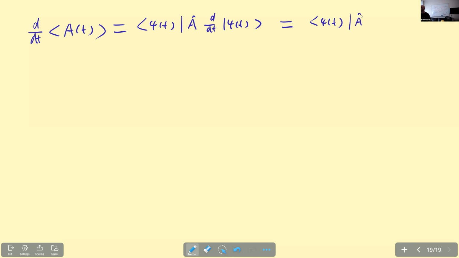So what's this one? It's just minus i times a times the Hamiltonian, over h bar.